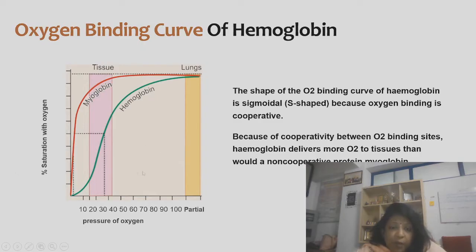Cooperativity क्या होता है वो भी हम आपको बता चुके हैं. Because oxygen binding is cooperative, because of cooperativity between oxygen binding sites, hemoglobin delivers more oxygen to the tissue than would a non-cooperative protein like myoglobin. Myoglobin is a muscle protein, a muscle pigment which is present in the muscles.